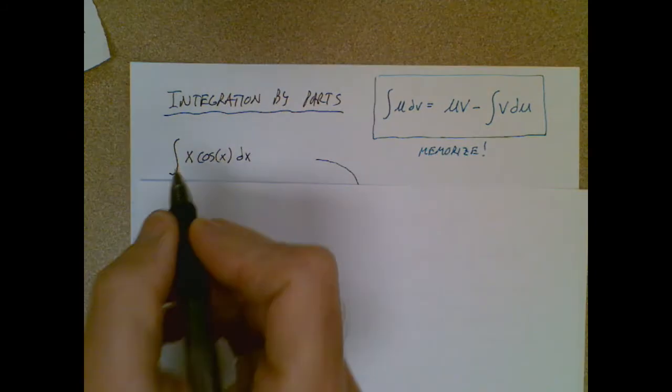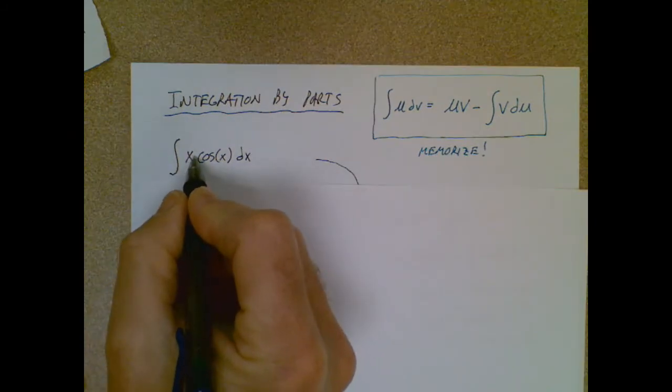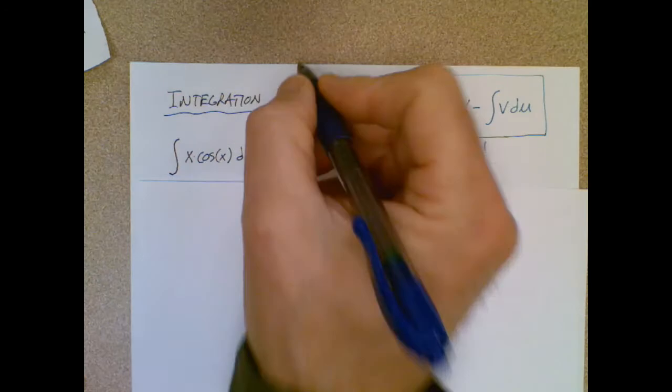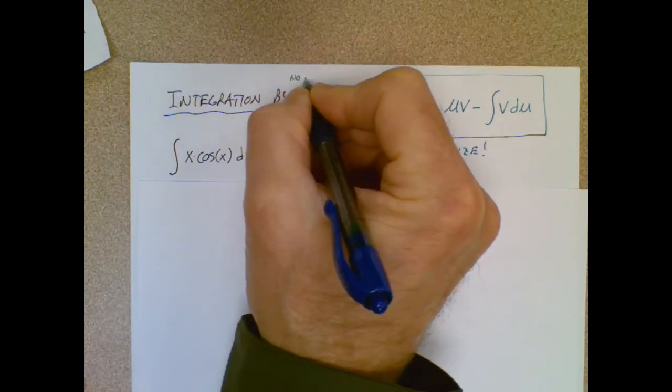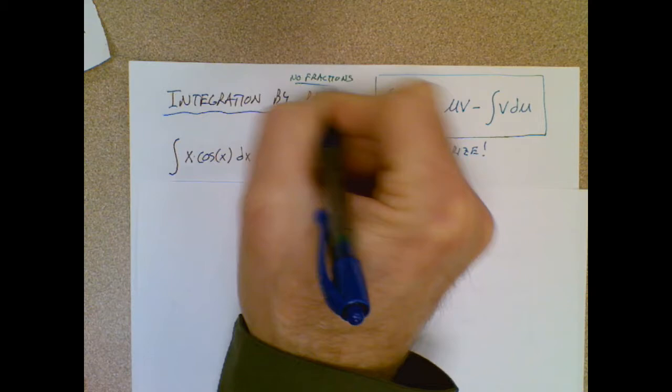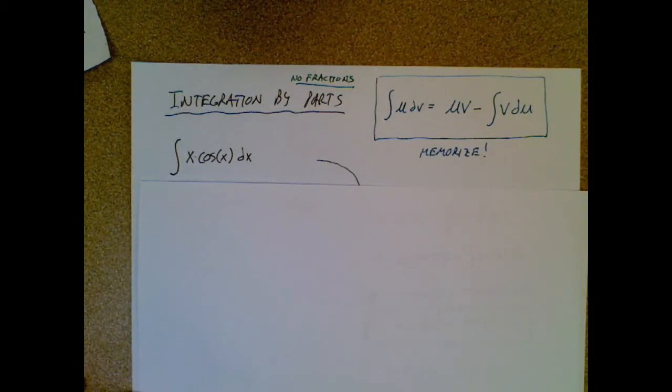And by the way, integration by parts you'll often recognize because it applies when usually one thing is multiplied by another thing, but it doesn't always have to be that way. And you should also know that we are not going to do integration by parts with fractions. And I'll talk about that in a little tip at the end.